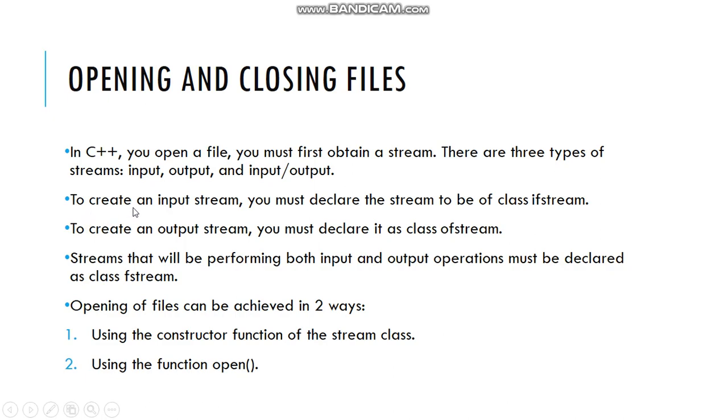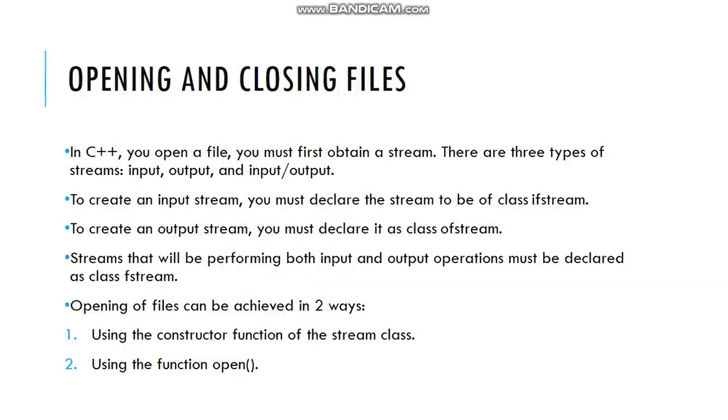To create an input stream, you must declare the stream to be of class ifstream. We had discussed this in the table previously. To create an output stream, you must declare it as class ofstream. Streams that will be performing both input and output operations must be declared as class fstream.